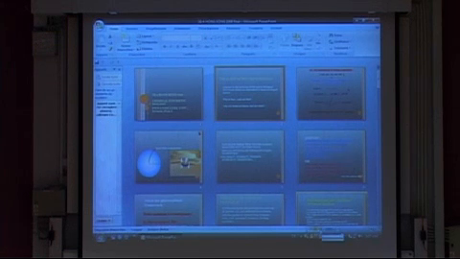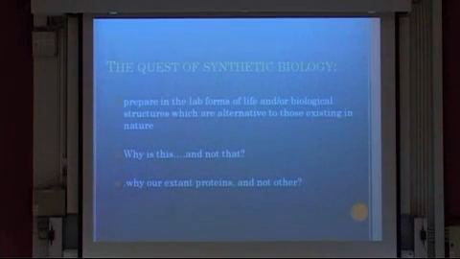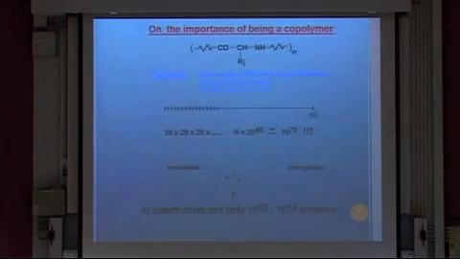Let me face the first question by asking, for example, why our proteins and not a different set of proteins? This question has a rationale in the well-known calculation that you can do with your students, considering that you have 20 different amino acids.